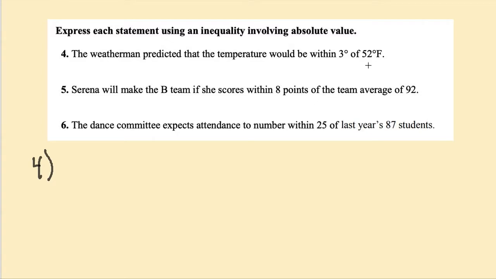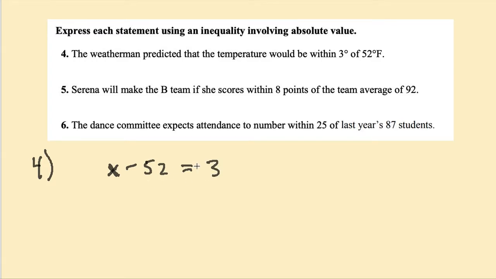So what I just did is I said if it's within 3 degrees, and I know it's a range of 49 to 55, I'm accepting that this temperature X, if it's 55 degrees, I know that X minus 52 is going to equal 3 degrees.